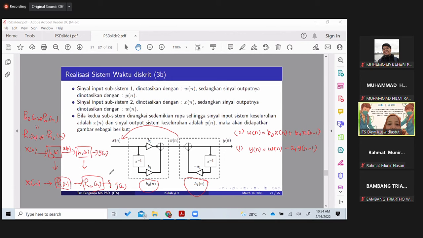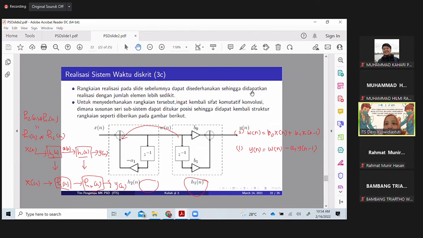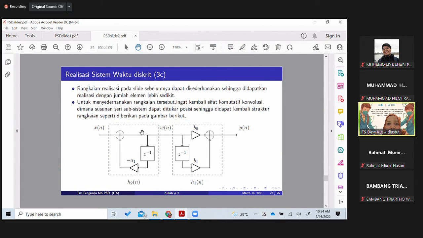We can change the order: if we do this first with xn and then the H2n. Why did we do that? Because by changing the order, we could make some reduction of the elements that we will need to realize our system.